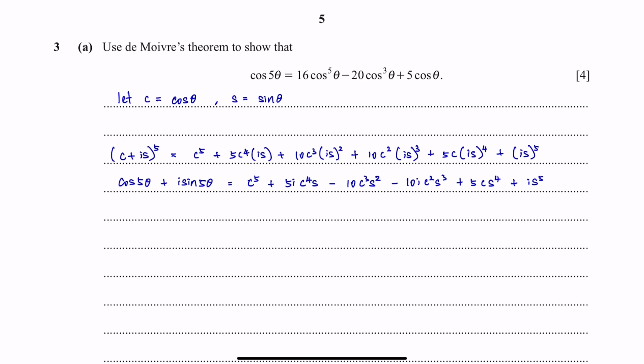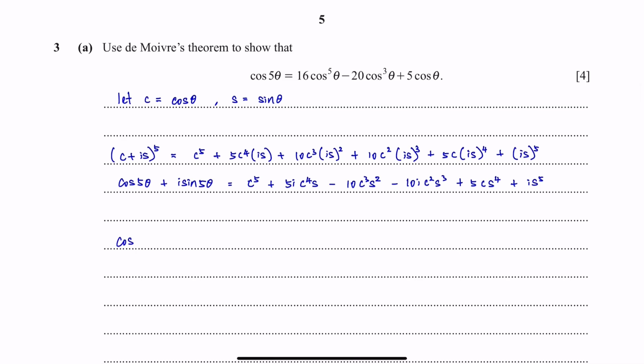So we can write it as cos 5 theta equals c to the 5 minus 10c cubed s squared plus 5c s to the 4. I mean, we can see that in this equation, they don't want any sine theta, right?